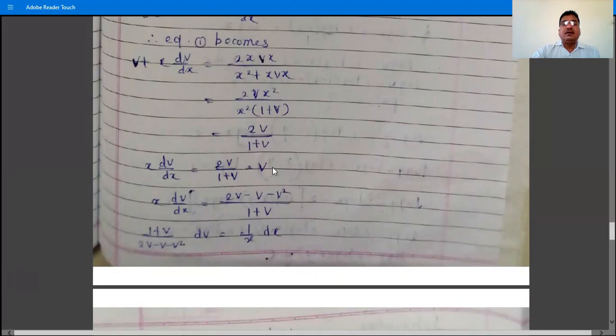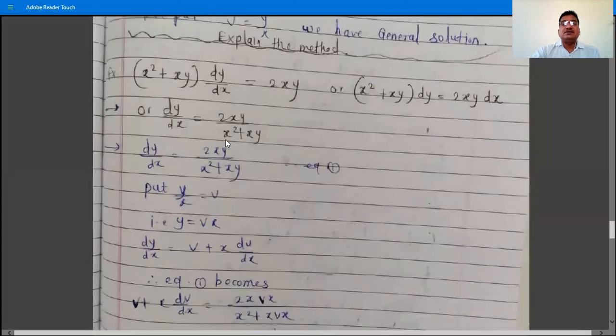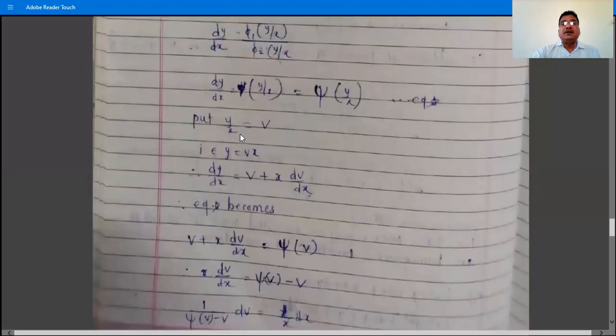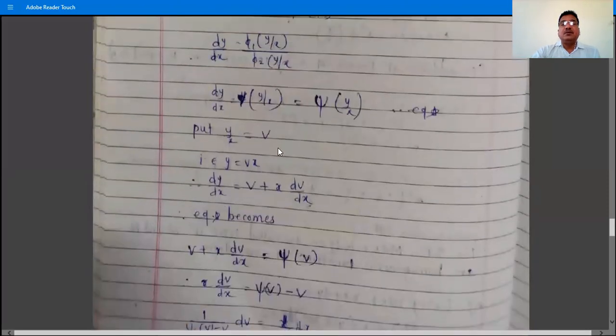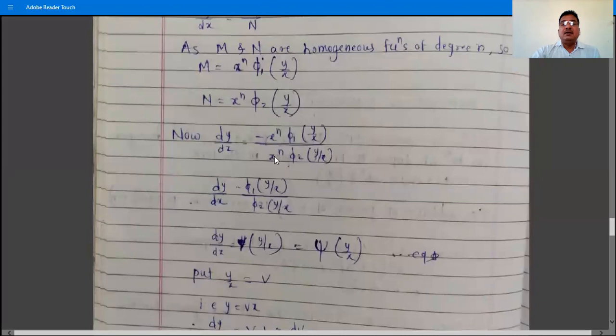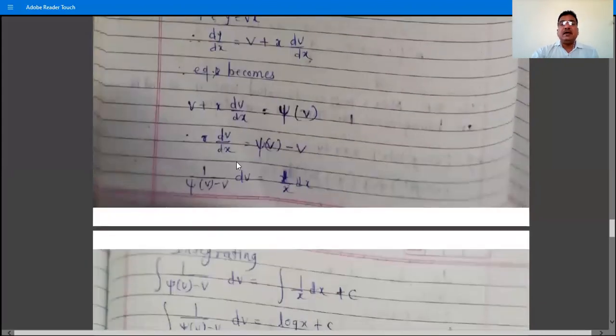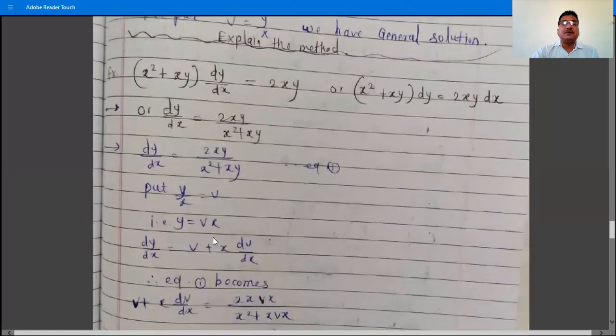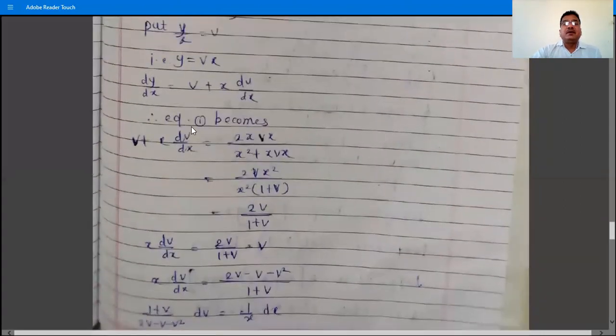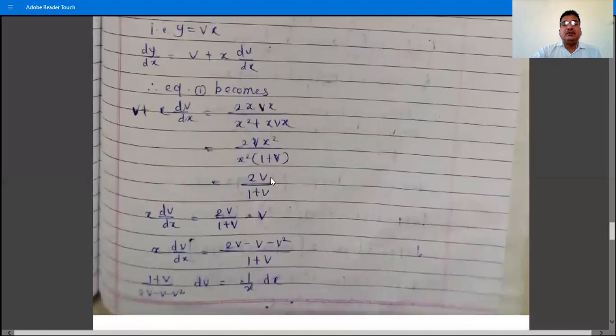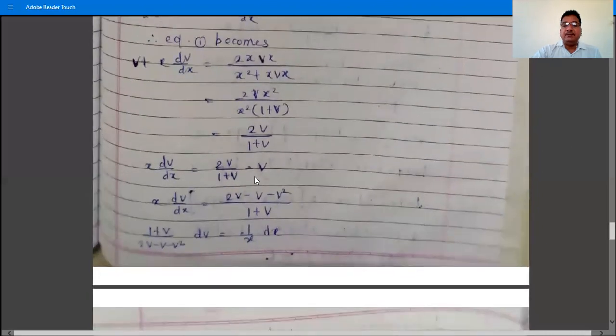So shift this v to RHS. After cancelling x square, shift this v to RHS. So here we have x dv by dx is equal to 2v divided by 1 plus v minus v.